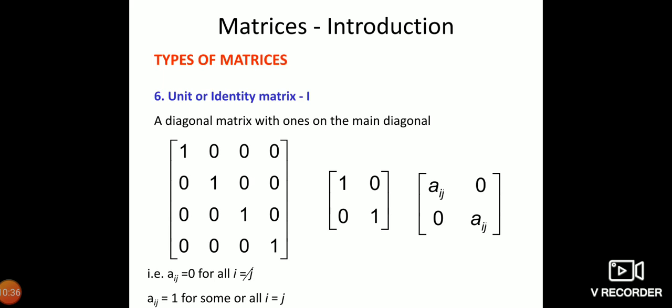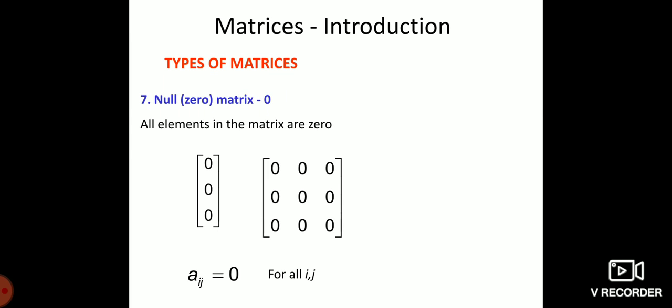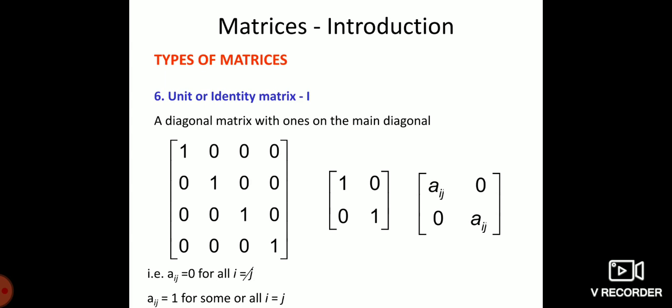Next definition: unit or identity matrix. A diagonal matrix with 1 on the main diagonal. In this matrix, students, the diagonal elements are always 1. See, these are the diagonal elements, A11, A22, A33, A44, and the other elements are 0.